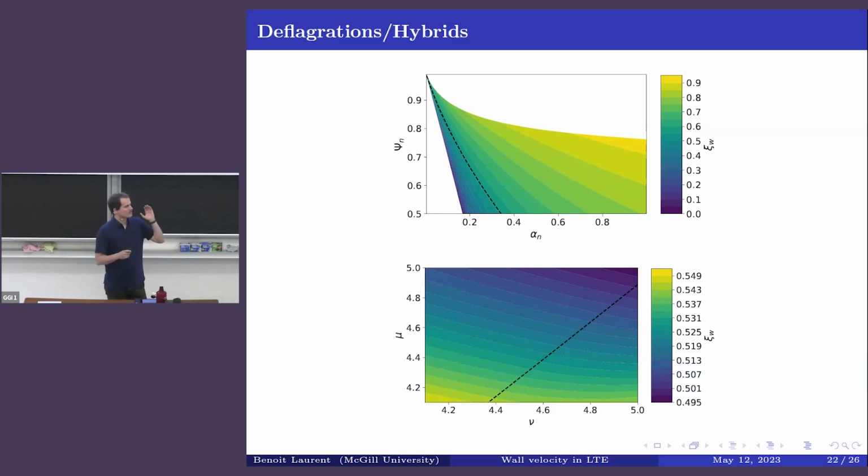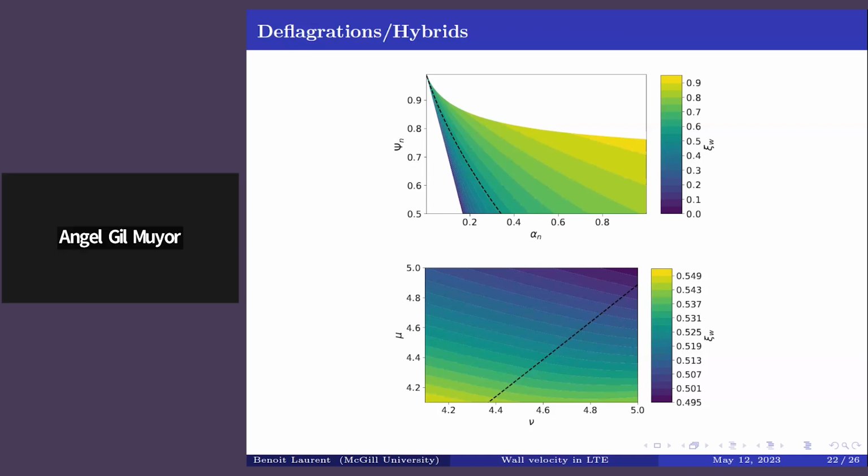So I think this is the most interesting conclusion that we can have. Of course, if the phase transition is very strong, deviation from equilibrium will become larger, and at some point LTE is not necessarily a good approximation. But even if that's the case, that only means that the wall velocity will be smaller than what we predict here, and it will still remain a hybrid or deflagration. And that's the main thing that I wanted to show here. Okay, thank you. And if you don't mind, I have another question.